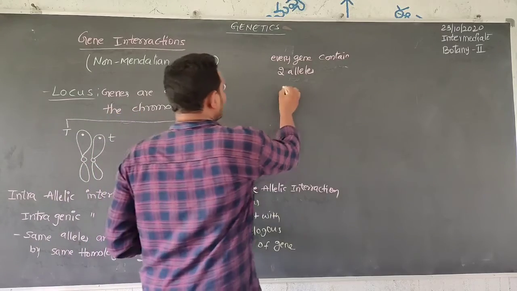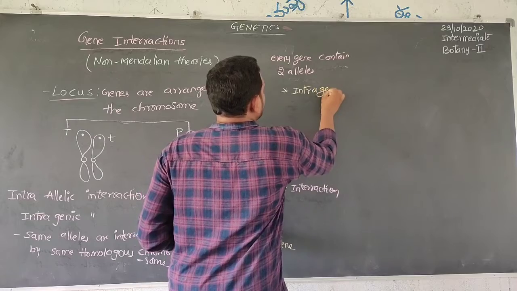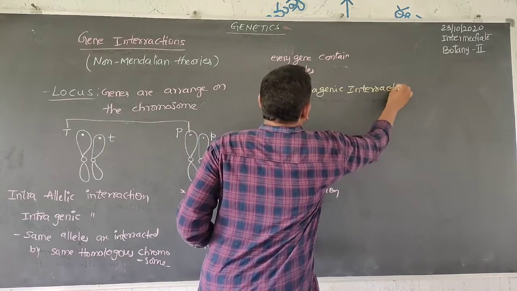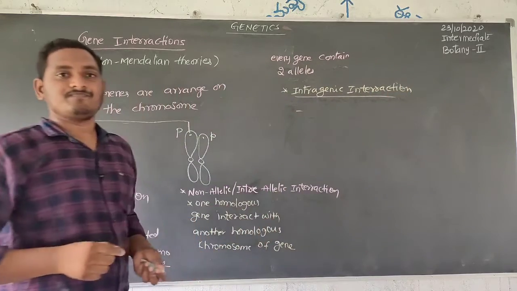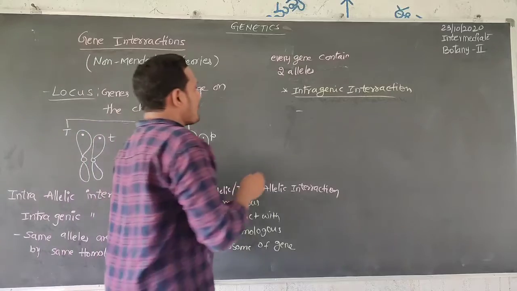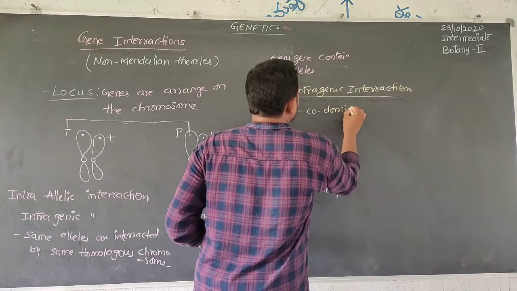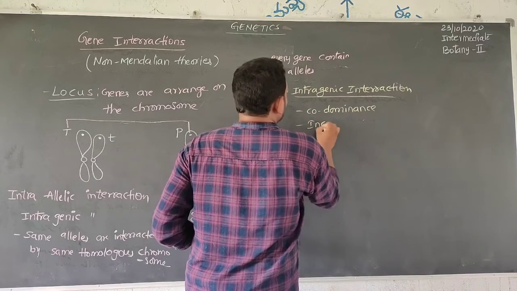Examples for intragenic interaction, mainly one is codominance and incomplete dominance.